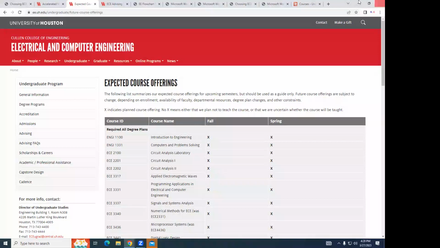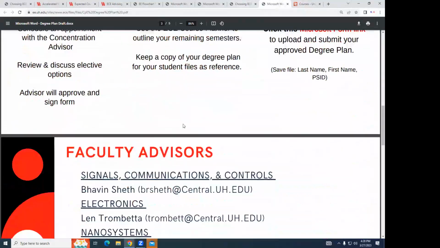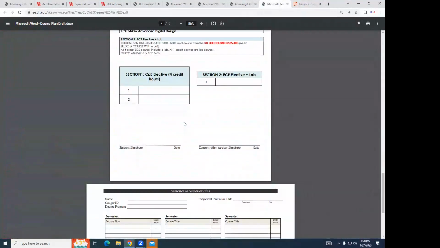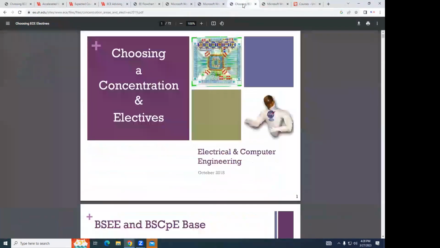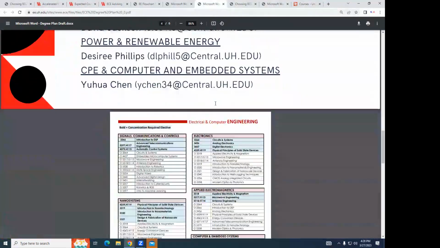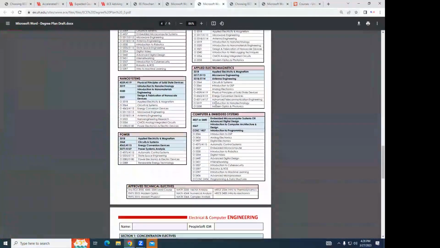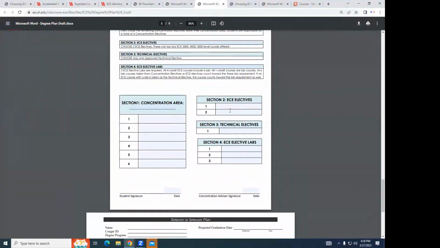And by the way, let me see if I can find that degree plan form again. This is CPE. You get 2 electives and a technical elective.